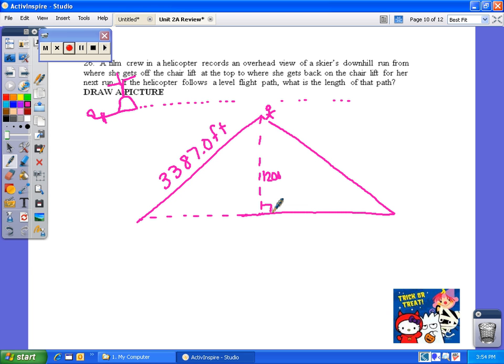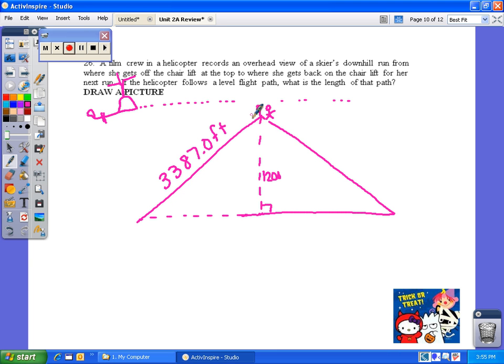So it's trying to record the path, the run from where she gets off. So this is where she gets off to where she gets back on the chairlift. So she gets off here, skis down, or maybe she can go here, and then ski down this way, whee, and then get back on.